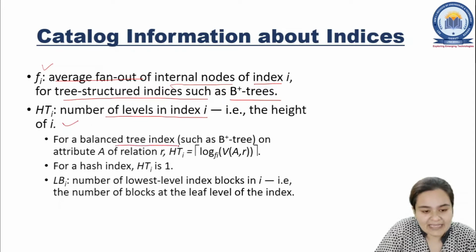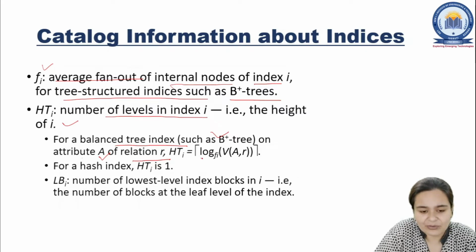So for a balanced tree index, that is maybe a B tree or B plus tree, on attribute A of relation R, we have HTi. This HTi is the number of levels in index i.